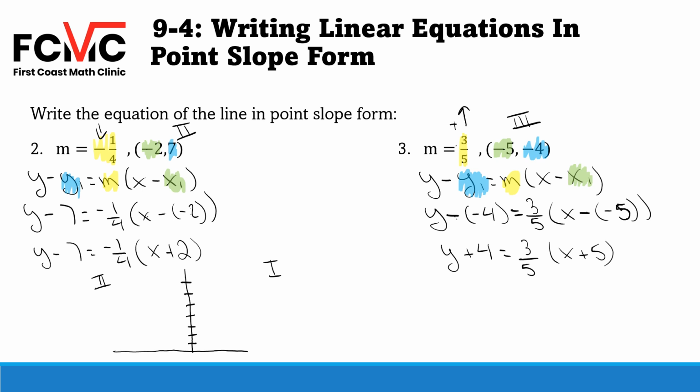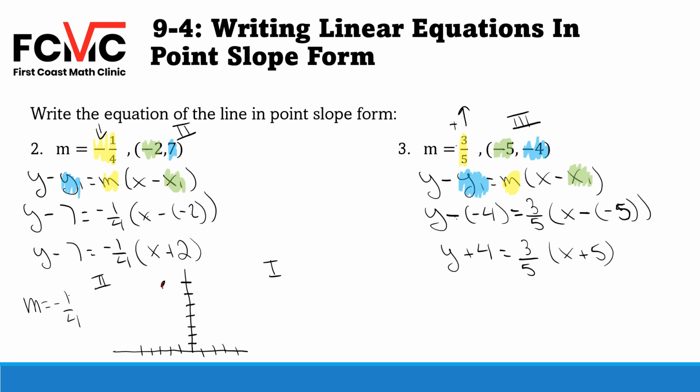So that's 7. So I want to start at negative 2, 7. So x is negative 2, y is 7, which is going to be right here. Now my slope is negative 1 over 4. So I'm going to go down 1, right 4. Actually, I'm doing that backwards. Going down 4, I should go down 1.